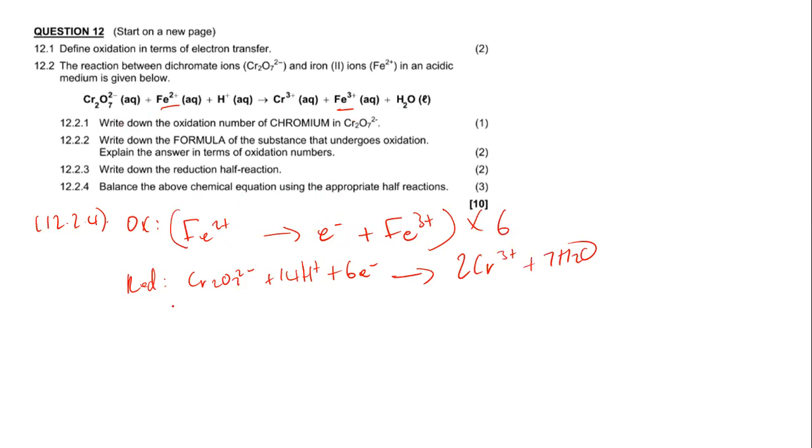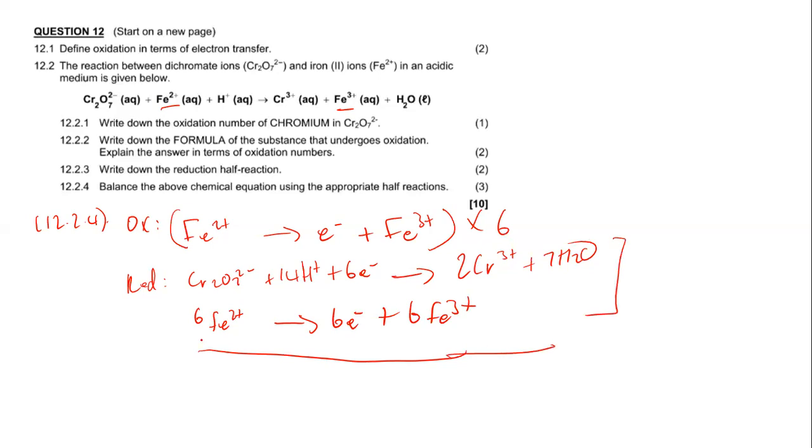So for oxidation, we're going to have 6Fe2+, and therefore this is going to be 6 electrons, and then this is going to be 6Fe3+. Now we can add these two reactions because the electrons are now balanced.